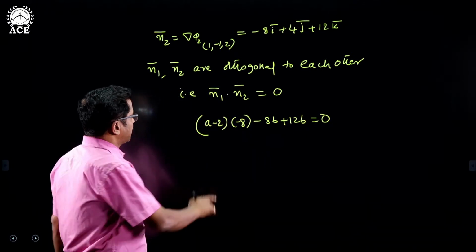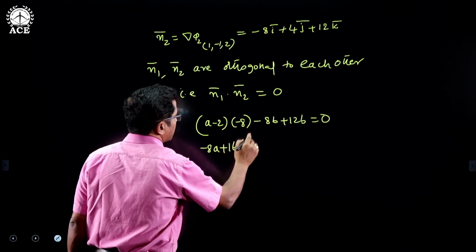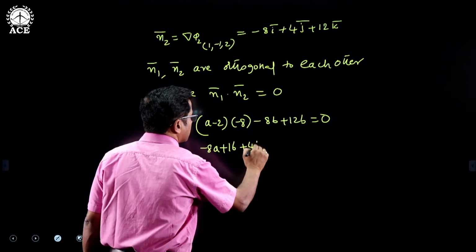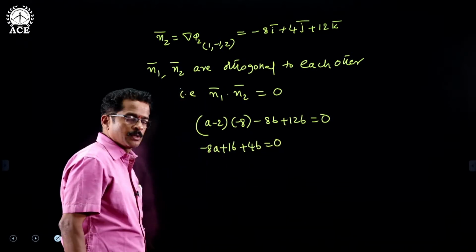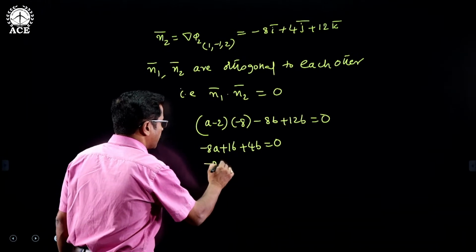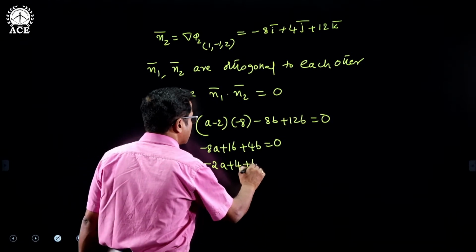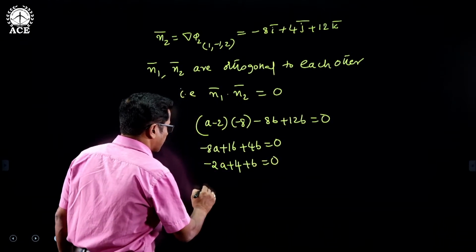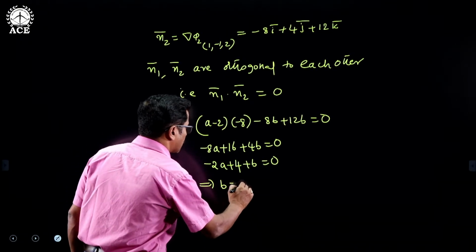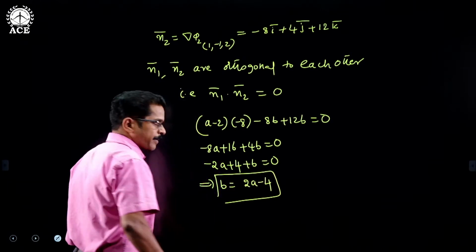So minus 8a plus 16 minus 8b plus 12b, that is plus 4b, equals 0. Now if I divide by 4, minus 2a plus 4 plus b is equal to 0. So from this b equals 2a minus 4.